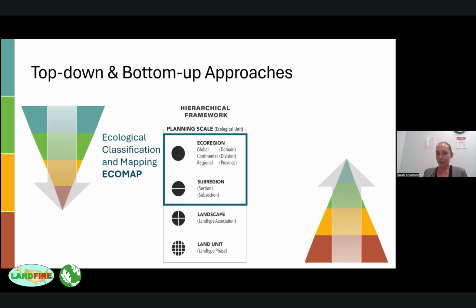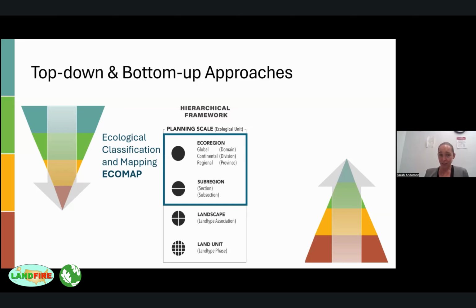And this work started over 40 years ago and then became more solidified with the first version of EcoMap in the early 1990s. And that's what we'll be sharing today, the data products that are produced through this top-down, data-driven mapping approach. And we refer to it as ECO.